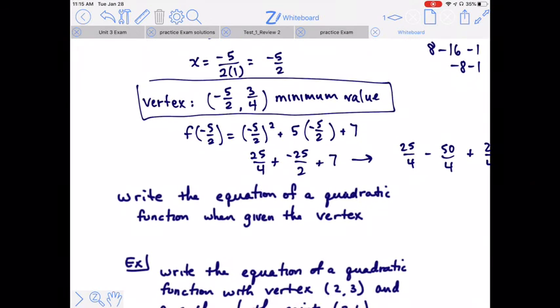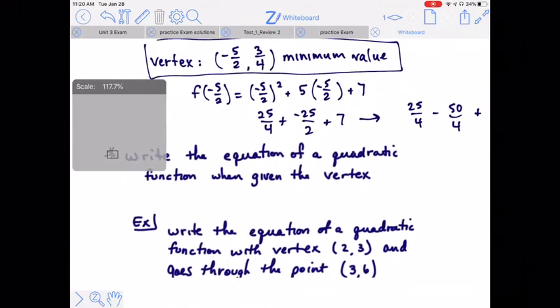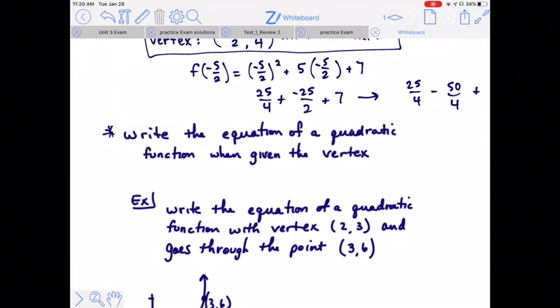This learning target here: when given the vertex of a quadratic function, we can write the equation in standard form. But we do need a little bit of additional information. So in this example here, we have a vertex at the point 2, 3. We also know that the parabola goes through the point 3, 6.